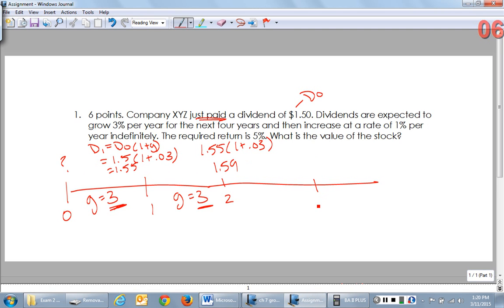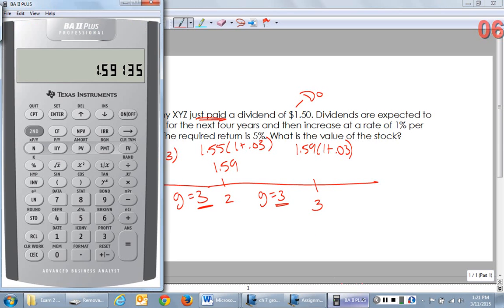From time period 2 to time period 3, the growth rate is still a constant 3%. So we have 1.59 times 1 plus this constant growth of 3%. So we get 1.64.